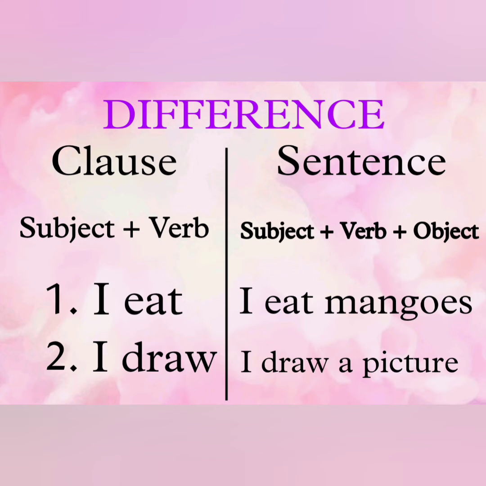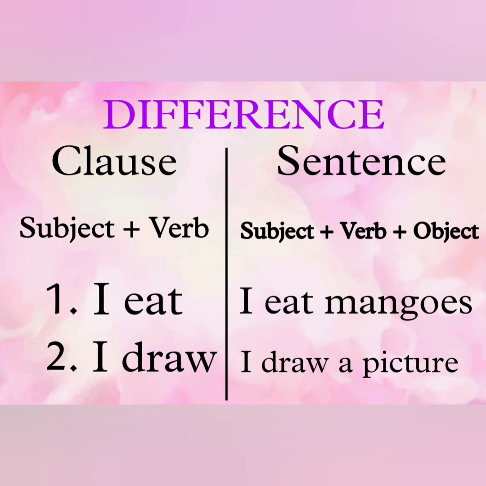But if the object is added with this, like I draw a picture, in the sentence, I is the subject, draw the verb, and a picture is the object. So if the object is added with this, then it will become a sentence. So once again, to find out the difference between the clause and the sentence, you must learn this thing that in a clause, only a subject and a verb is there.